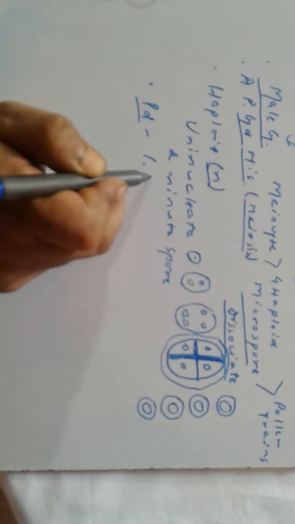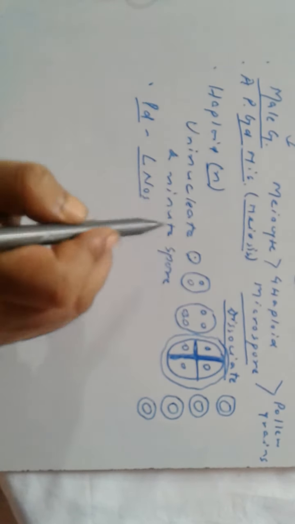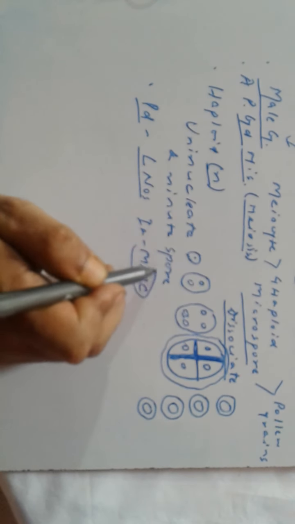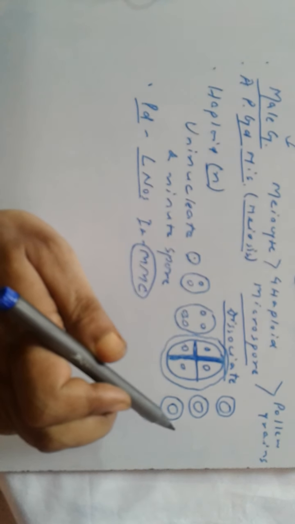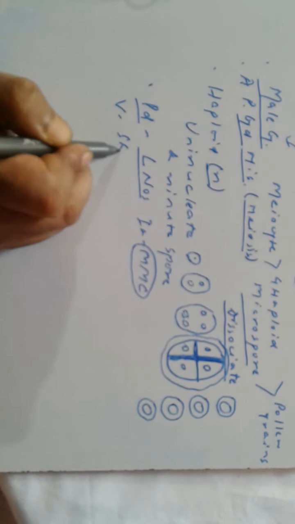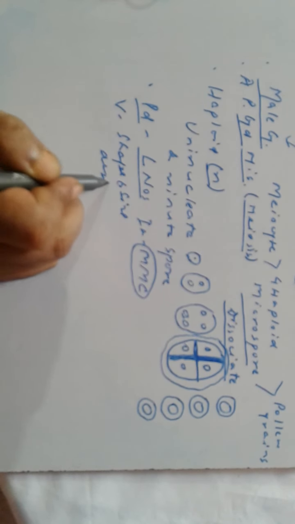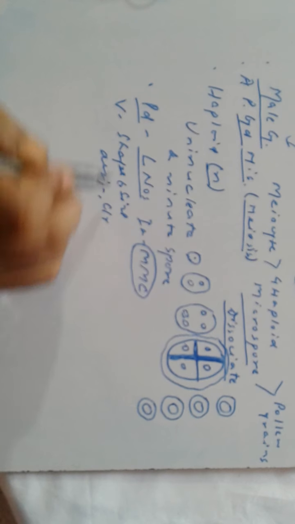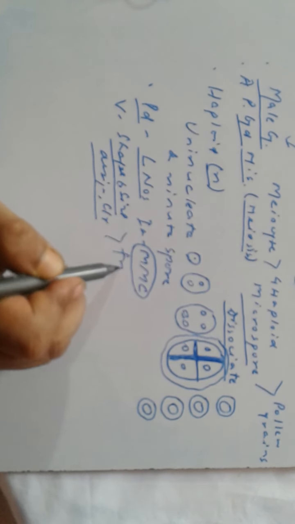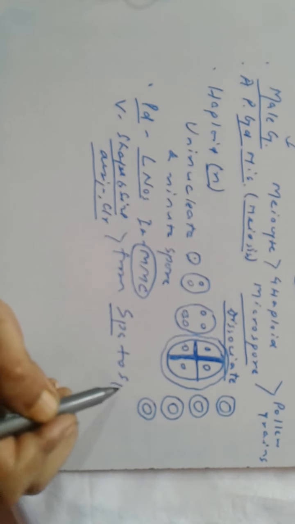Pollen grains are produced in large numbers in the MMC, the microspore mother cell, and they vary in shape, size, design and color from species to species.